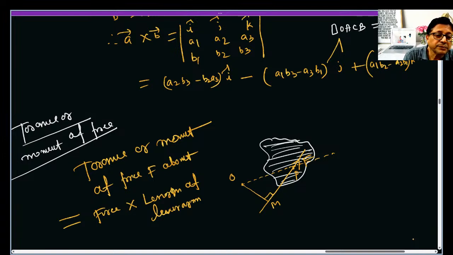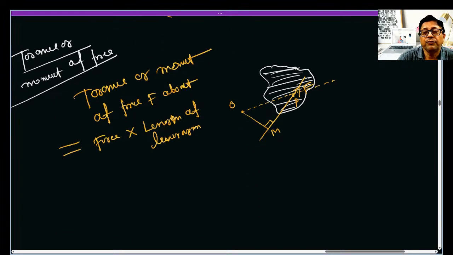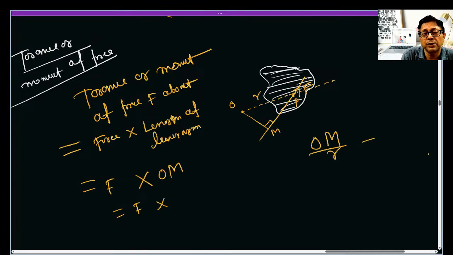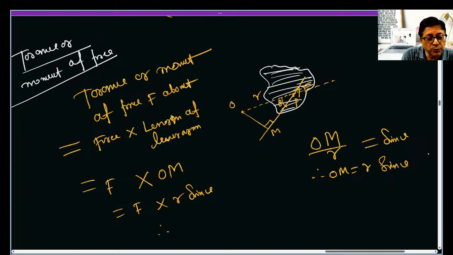Okay? Then force is F. Length of lever arm is OM. Suppose distance OP equals R, and this angle is theta, then OM by R equals sin theta. So OM equals R sin theta. Therefore, this torque we denote by the letter tau.